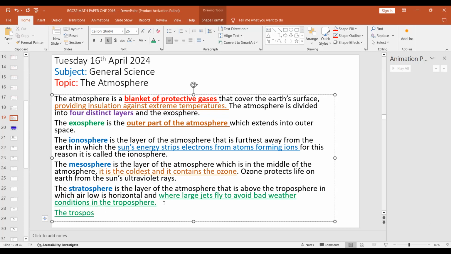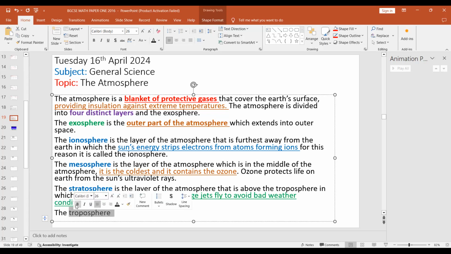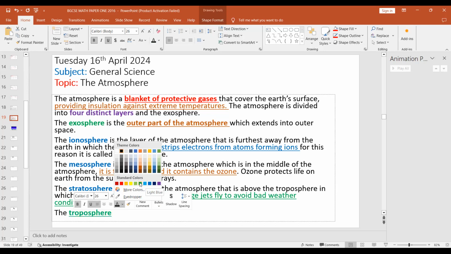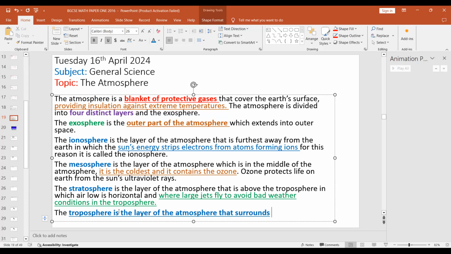So the troposphere is the layer of the atmosphere that surrounds the Earth.